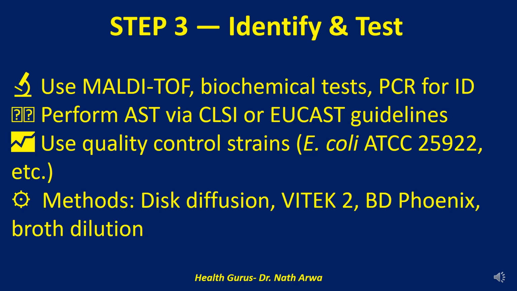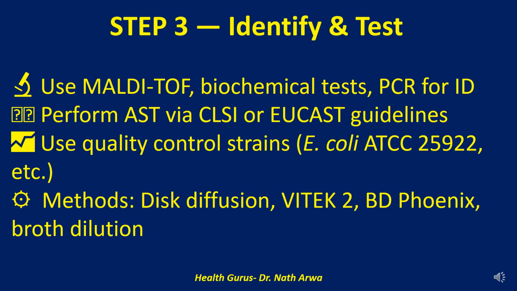These strains serve as your internal checkpoints. If your QC results fall outside the accepted range, pause immediately. Something went wrong. And what methods can you use for antimicrobial susceptibility testing?